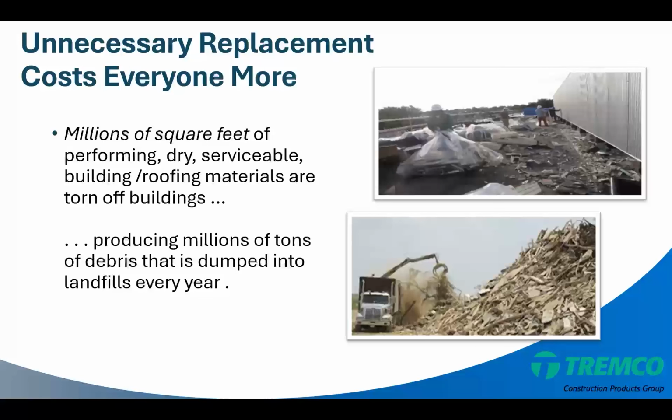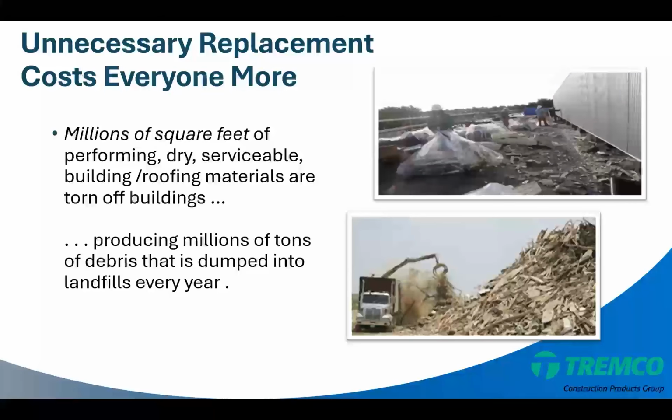But if some of those most costly components, like insulation, don't need to be removed because we can restore that system, we can remove what is wet or faulty or damaged and keep what is performing in place. That's what helps us reduce the cost. And also, you're not paying twice.